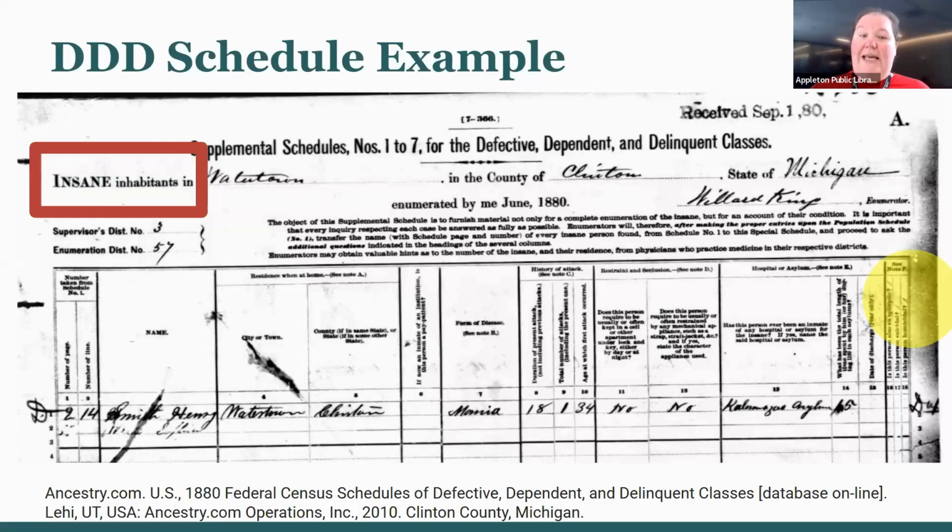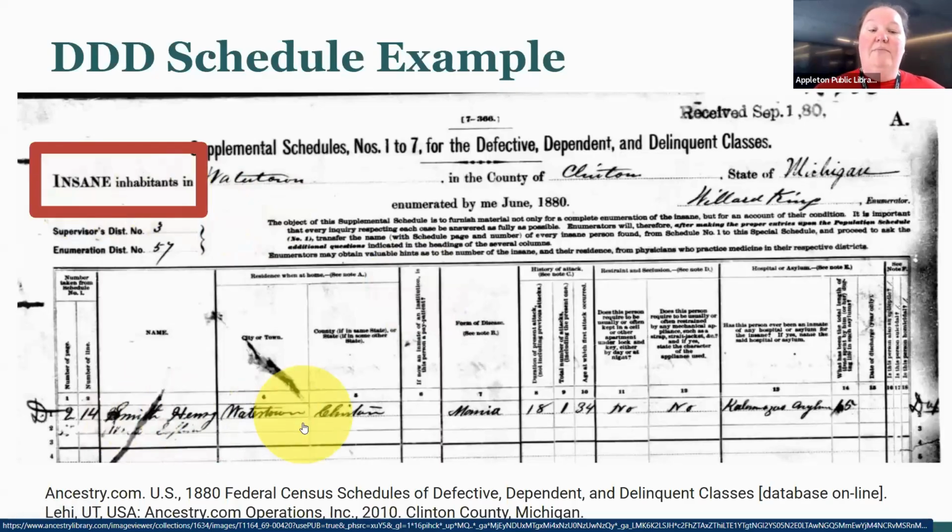But here's an example of the DDD. This is for, I forget where, Michigan. It says insane inhabitants, and you can see their name, their city, what their type of disease is, how long they've had it, if they use restraints and stuff. Some of this stuff is a little difficult to read. So obviously, if you think you have somebody in this type of situation, understand that it might be difficult to read.